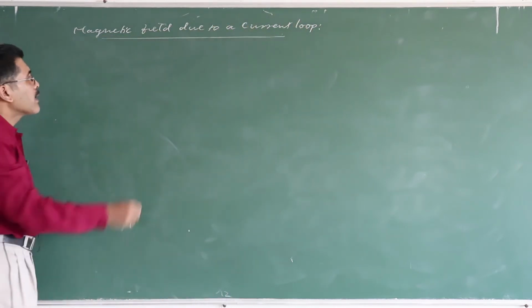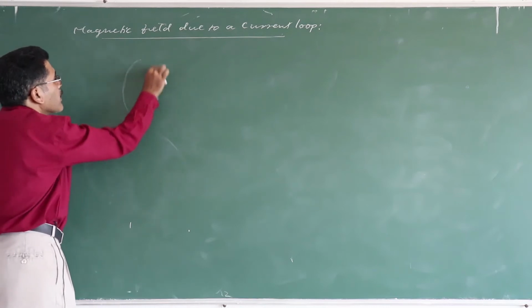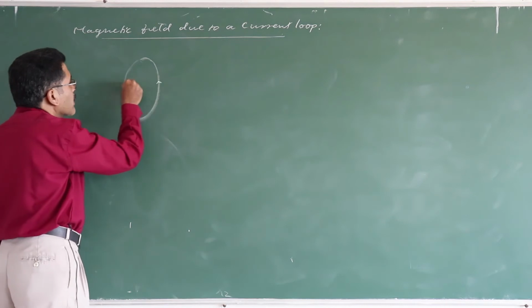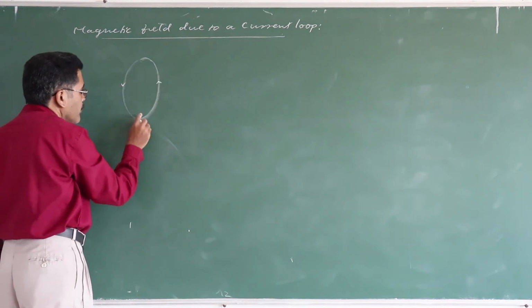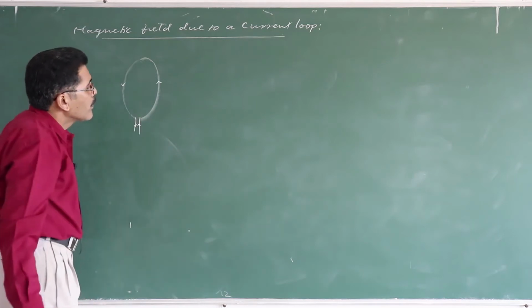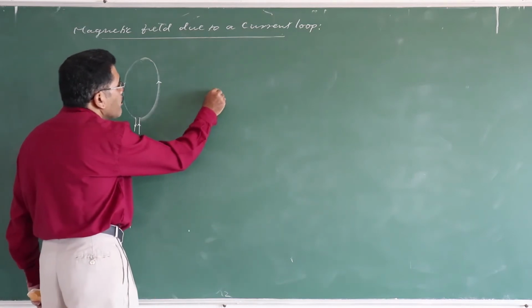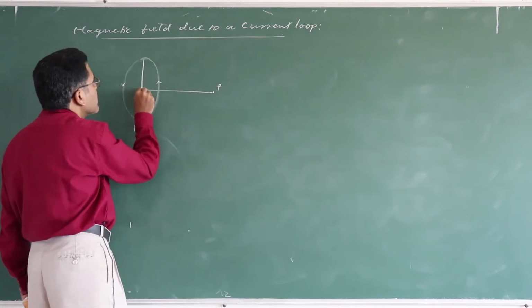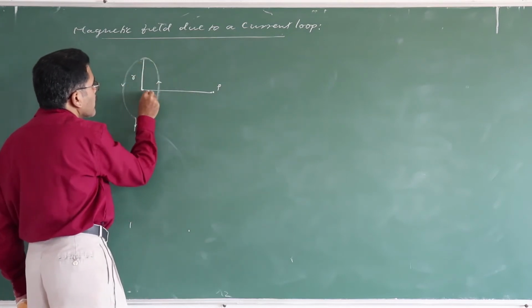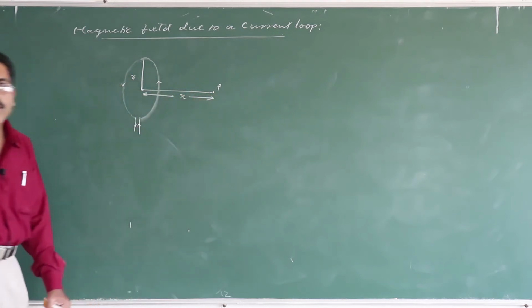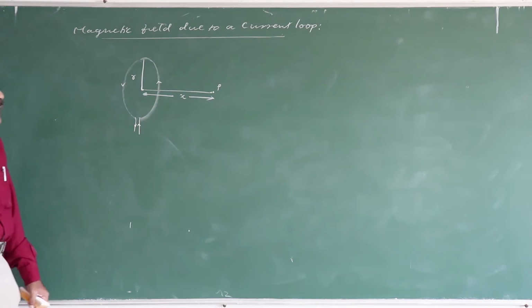Let me consider a loop carrying current in the anti-clockwise direction. If there is a point P somewhere here, this is the radius, and the distance of point P from the center is x.